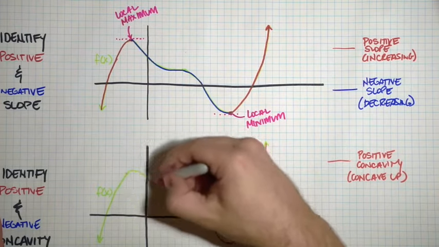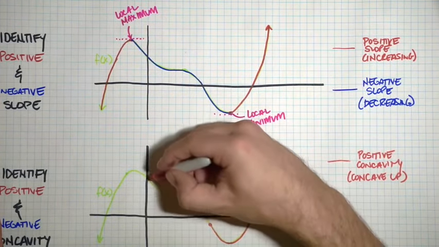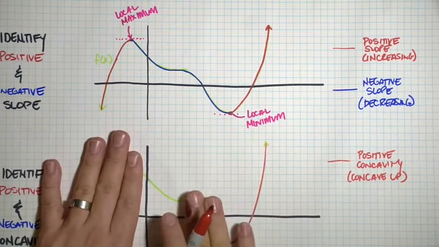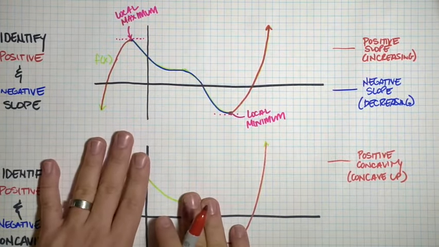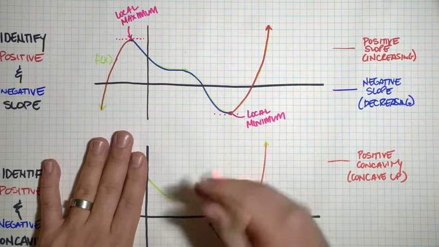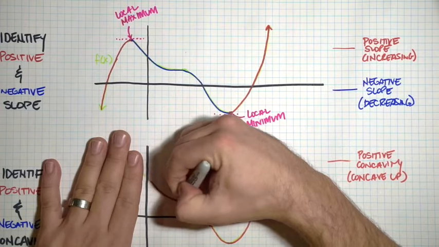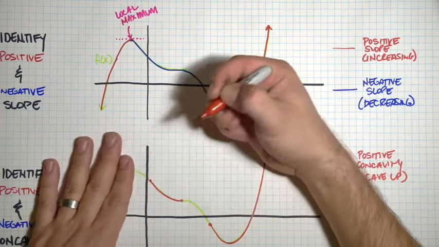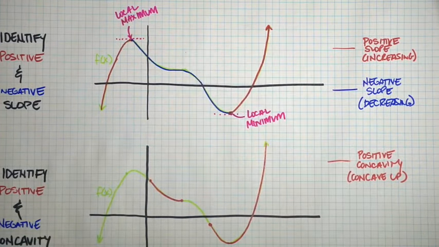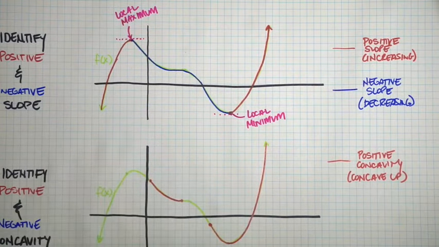Another thing right here, that looks like a parabola down. But here, if we just look at this region, that sort of looks like an upwards facing parabola too. Now it doesn't continue like this, but it sort of looks like that. So we would say that this region here also has a positive concavity. Even though it's just part of a parabola, it still looks like it's opening upwards.